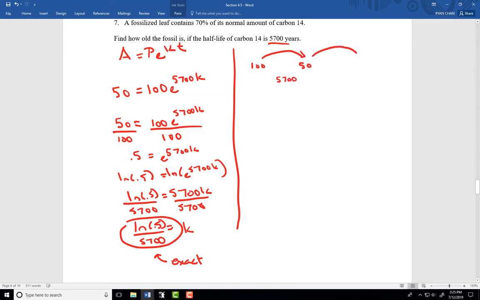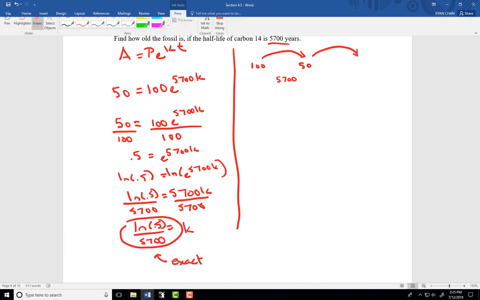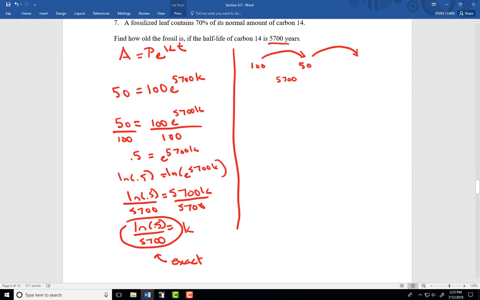After another 5700 years, it becomes 25, and after another 5700 years, it's 12.5. And it keeps going.